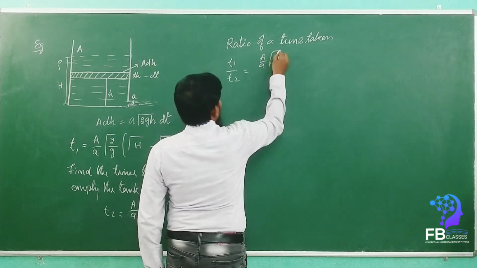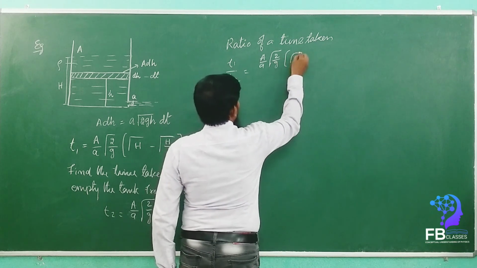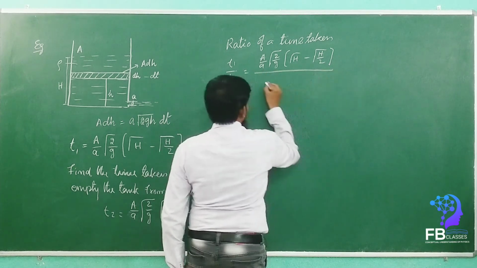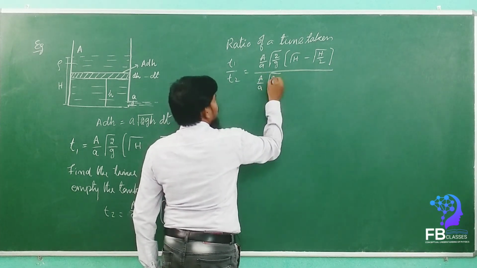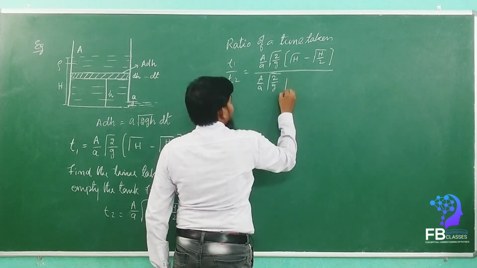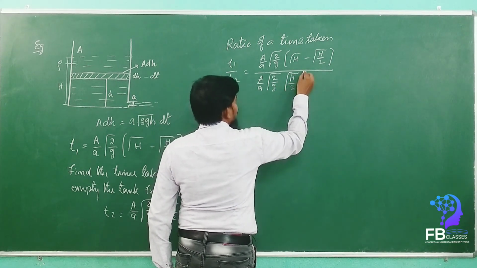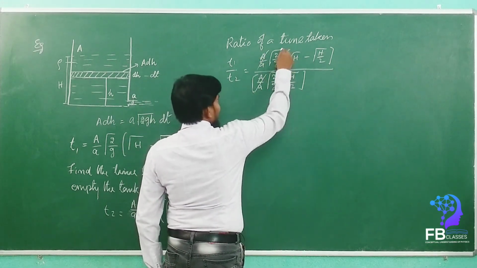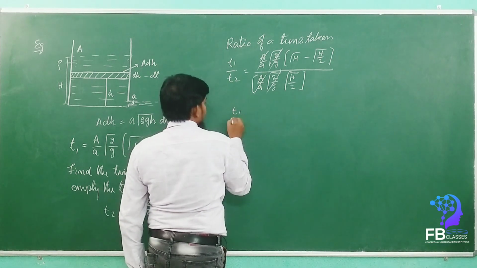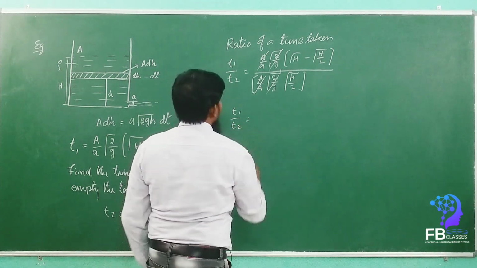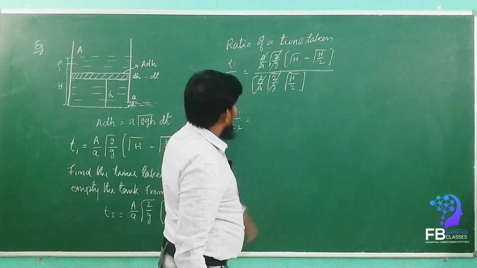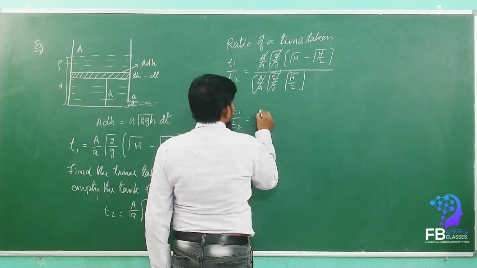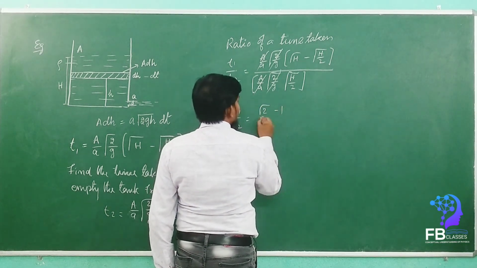A by a root 2 by g into root h minus root h by 2, upon A by a root 2 by g into root h by 2. Got it? Here A by a will get cancelled. If you take root h common, root h will get cancelled, so it comes as root 2 minus 1 by 1.